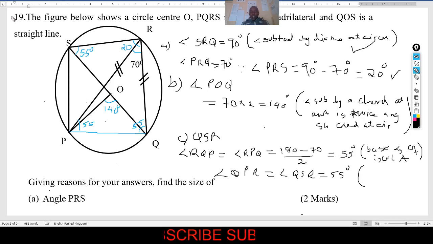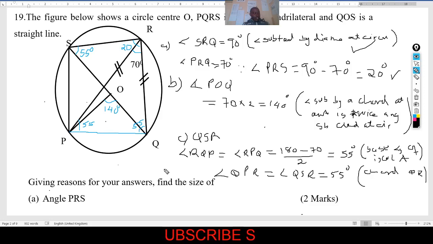Chord QR subtends that angle at the circumference. You must give that explanation.